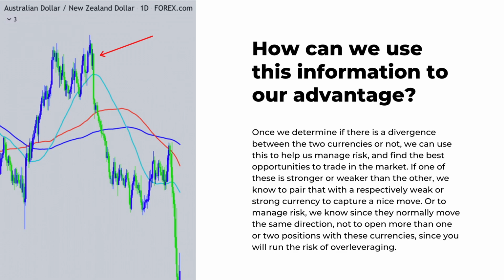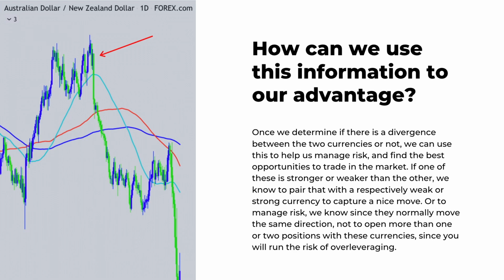So we can use it to our advantage doing that, but also knowing how correlated these two are, we can use it to manage risk, right? So we know they normally move in the same direction, except for a few instances. So not opening more than one or two positions on either the Australian dollar or the New Zealand dollar will help you manage your risk.